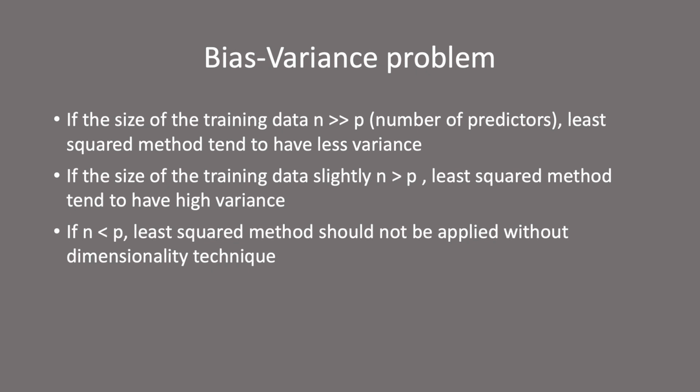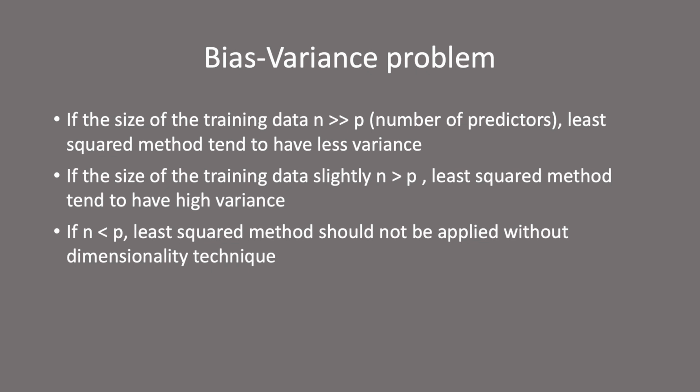Many machine learning algorithms face the bias-variance problem. If the size of the training data is much bigger than p, which is the number of predictors, the least square method tends to have low variance. If the size of the training data is slightly greater than the number of predictors, the least square method tends to have high variance.